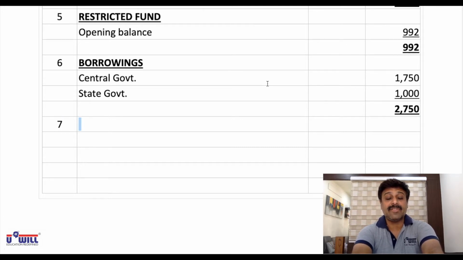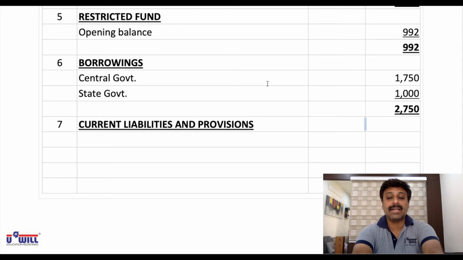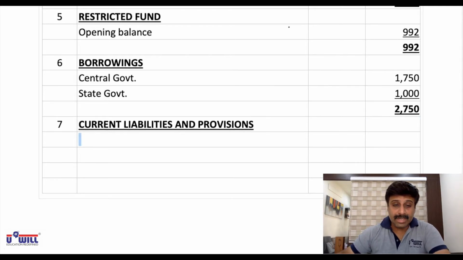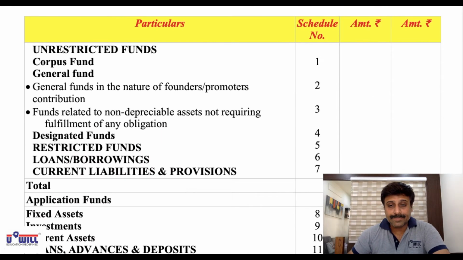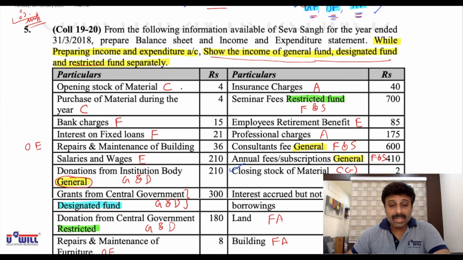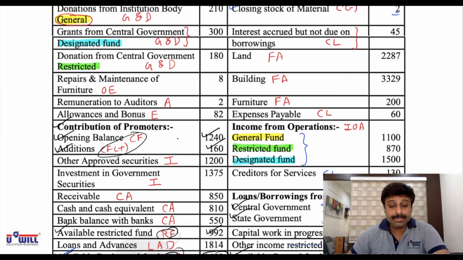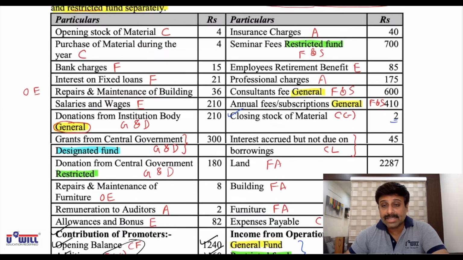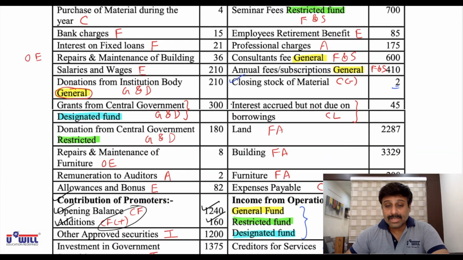Then seventh item after borrowing. So liabilities are all current liabilities and provisions. CL marked items. Let us see which all items are marked as CL. On the left side, there is no item. On the right side, interest accrued but not due on borrowings 45.